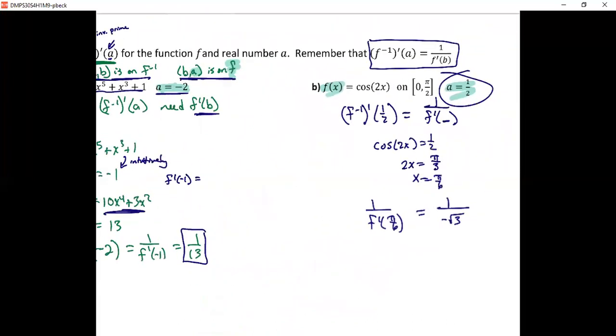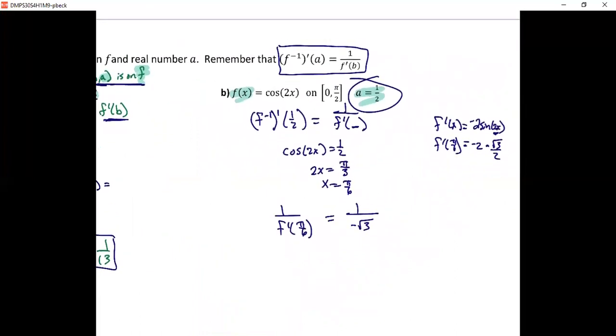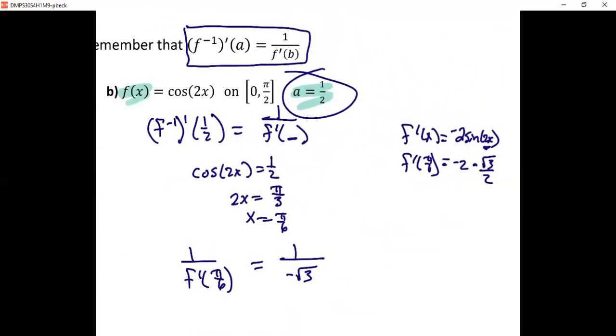We could do the same thing here. So this time, I do recognize that we can't find the inverse cosine of y. We could do that, but then we have to know inverse cosine's derivative, which we're going to do in just a moment. So f inverse prime of 1/2 is 1 over f prime of some number.